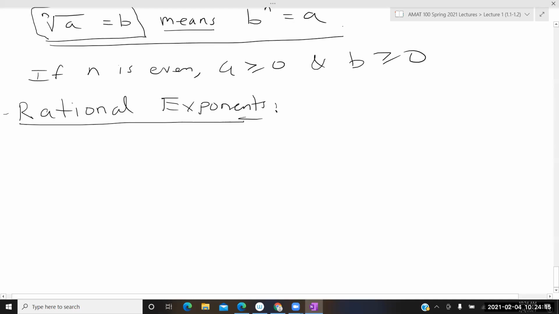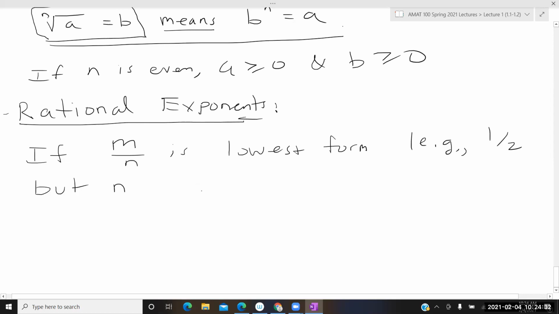So if you take a fraction, m over n, in lowest form, so for example, that would be 1/2, but not 2/4. So 1/2 is in lowest form, but 2/4 is not, because the numerator and denominator have a common factor.